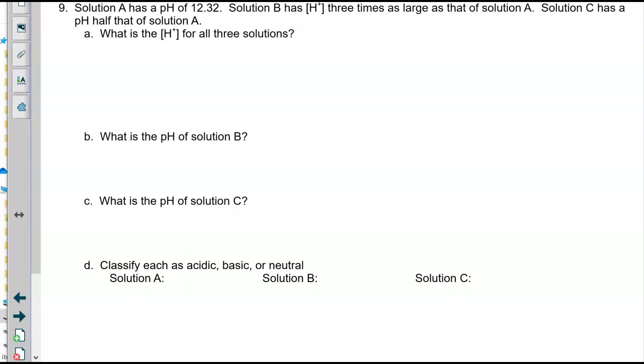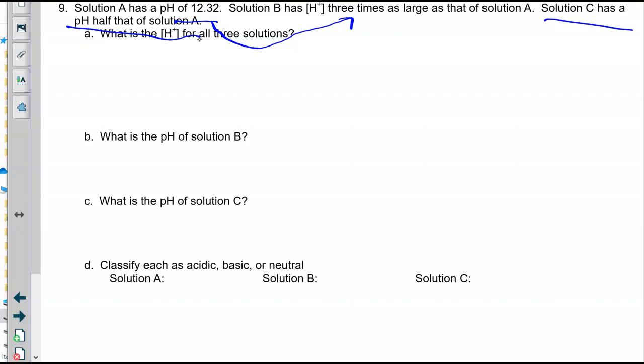You're given the pH of solution A. It tells you that solution B has H plus 3 times that of solution A. So you will need to get the H plus concentration from here to be able to multiply it by 3 for solution B. You're going to figure out the H plus concentration of solution A, and then you know that solution B is 3 times that value, and then solution C has a pH that's half of solution A. So you can actually already figure out the pH of solution C by taking half of 12.32.